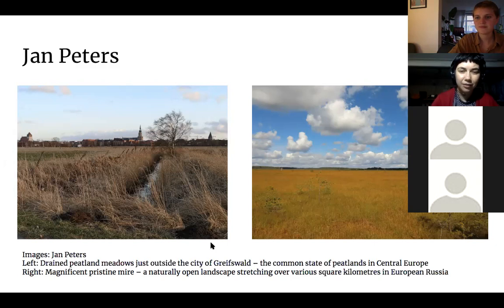The facts speak for themselves. Peatlands store vast amounts of carbon, are important for water and nutrient retention and buffering, and give habitats for endangered biodiversity. However, we also need to develop a vision of how cultural peatland landscapes could look in the future when they wouldn't be drained anymore like in the past hundreds, thousands of years, but would be wet again.